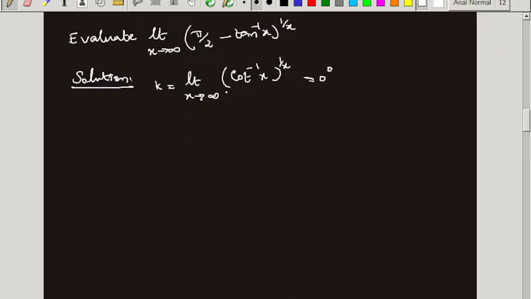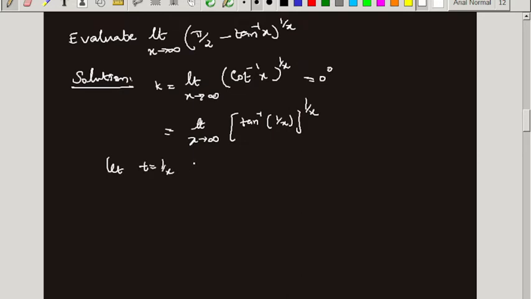So what we do? We do a small modification of this. Limit x tends to infinity, we can write this as tan inverse of 1 by x whole power 1 by x. So here we have 1 by x, and the power also 1 by x is there. We consider let t equal to 1 by x.